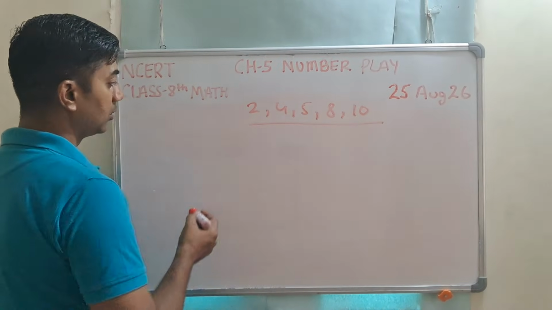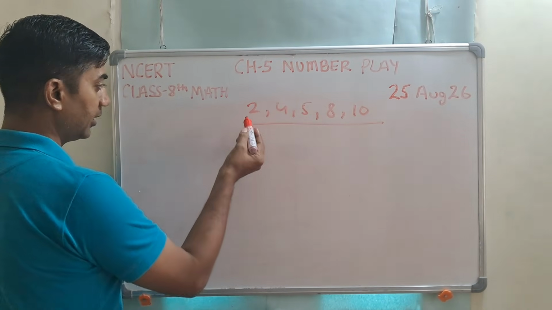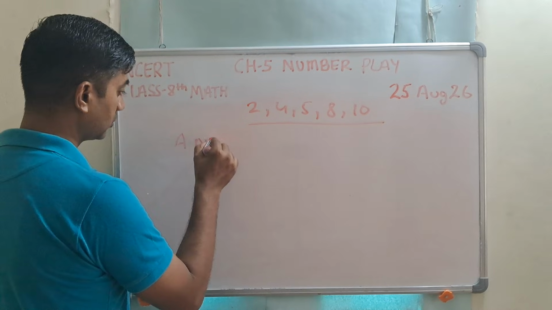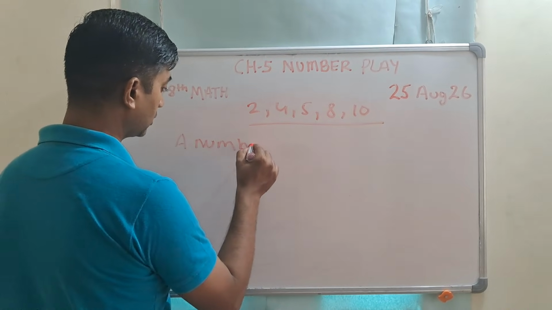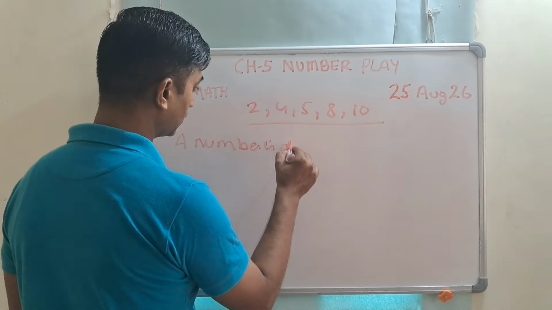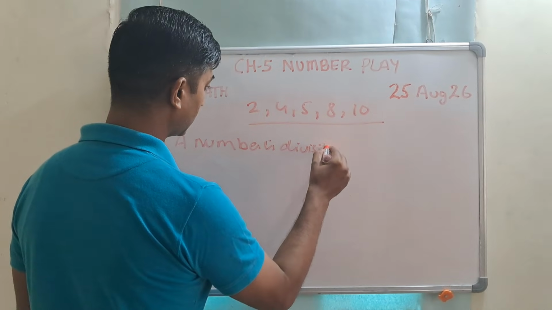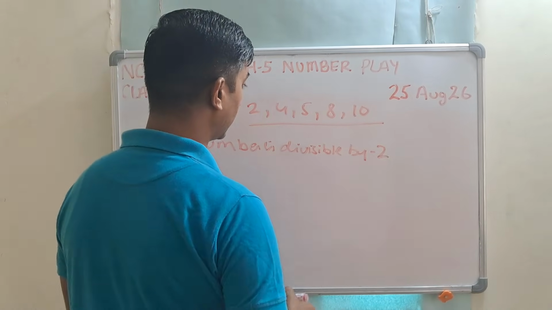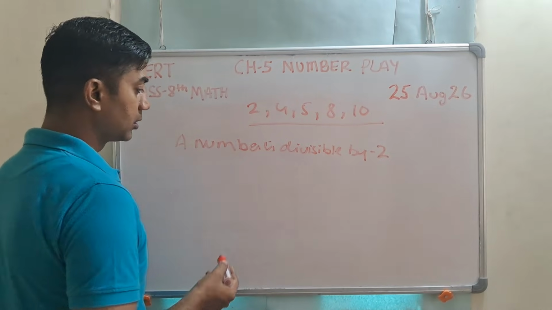Understood? Now, a number is divisible by 2. What are the conditions required?